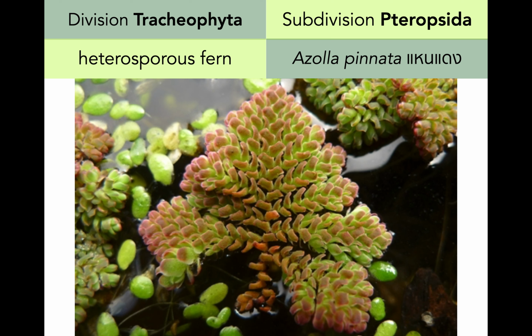On that same pond, if you see another greenish plant, this is duckweed. They grow together, but duckweed is a flowering plant. Azolla is the fern.